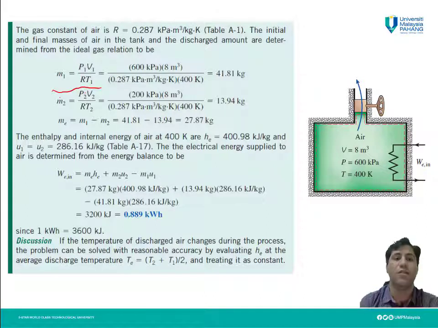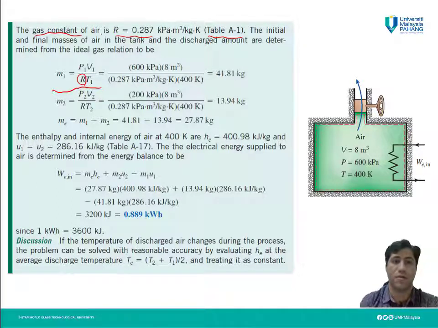We can use this equation, which is the ideal gas relation. You have already seen that in the previous chapter and slides. M1 equals P1 V1 divided by R T1. P1 is the pressure at state 1, V1 is the volume at state 1, T1 is the temperature of the air at state 1, and R is the gas constant of air, which is equal to 0.287 kilopascal meter cubed per kilogram Kelvin according to Table A1, which represents the ideal gas properties of different substances.